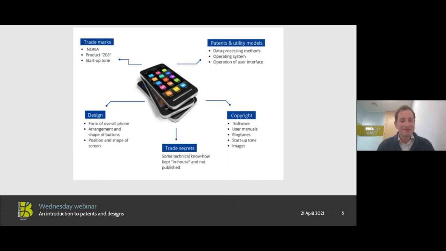And then relevantly to what we're talking about today, and overlapping with the patents, is the way in which the thing looks, and is in the hand, the ergonomics, so the overall form of the phone, arrangement and shape of buttons, and the positioning of the screen.